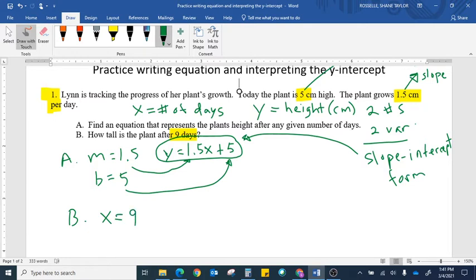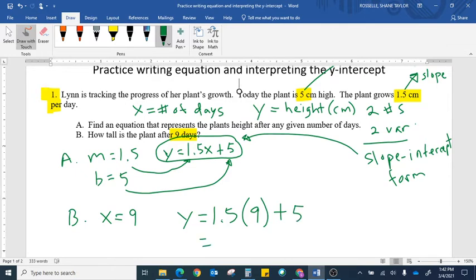All right? And so what that means is, how tall is the plant after 9 days? So if days is represented by x and y is the height, I'm going to be solving for the height after 9 days. So y equals 1.5 in parentheses. Anytime we are substituting things in, just put them in parentheses. 1.5 times 9 plus 5.